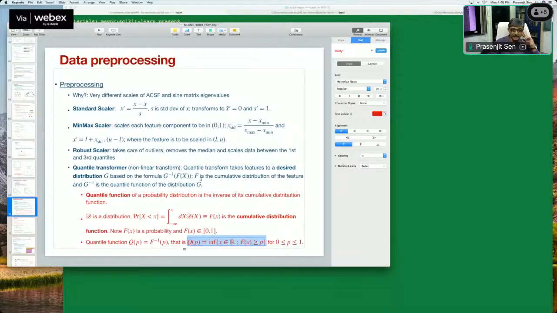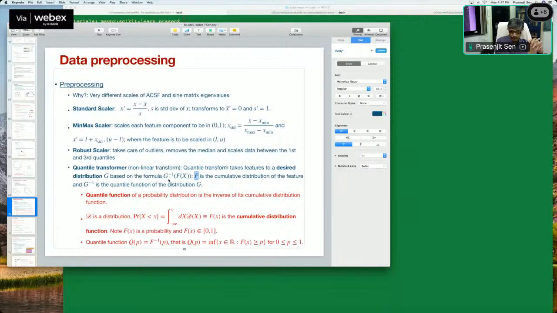But the point here is that once you know this F, which is the cumulative distribution function of a probability distribution D, the G inverse is the quantile function of G. So I have an intended distribution G, and I have its quantile function G inverse.